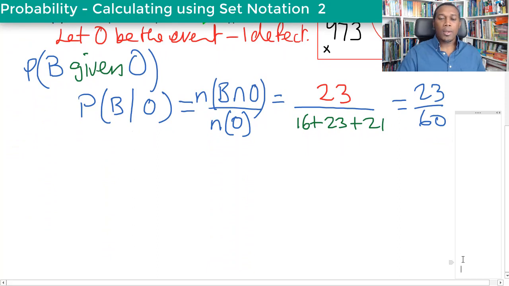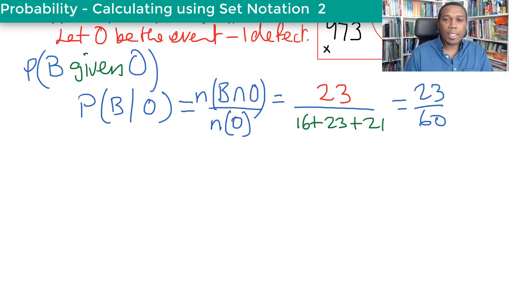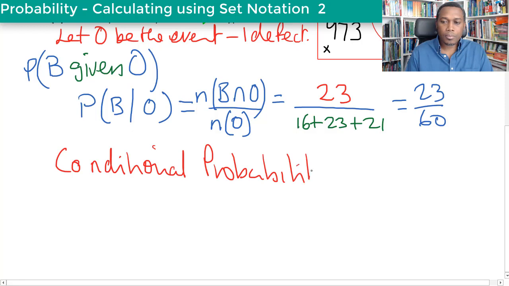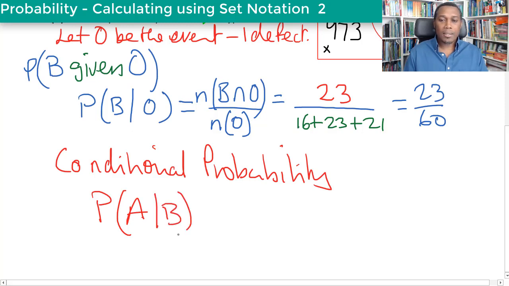What are we saying? For conditional probability, the general form, A given B, this is the formula.